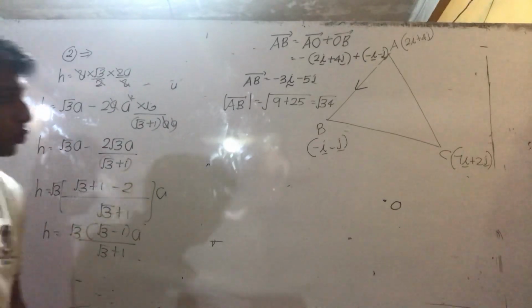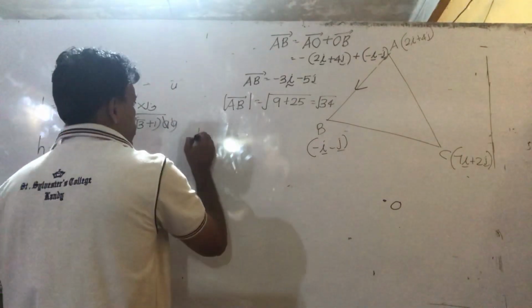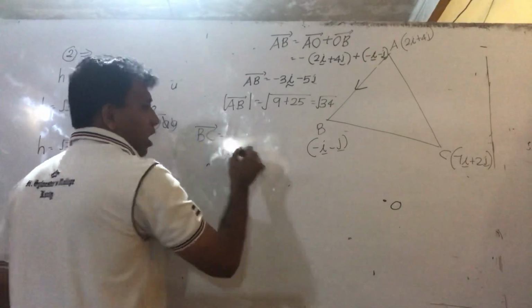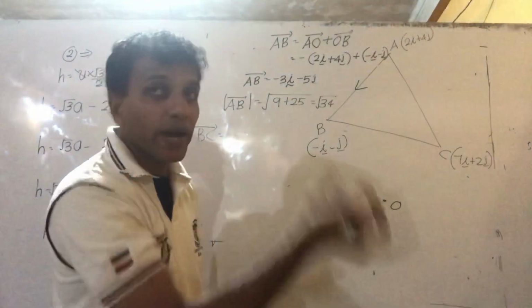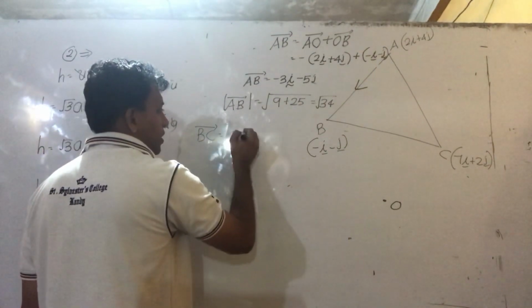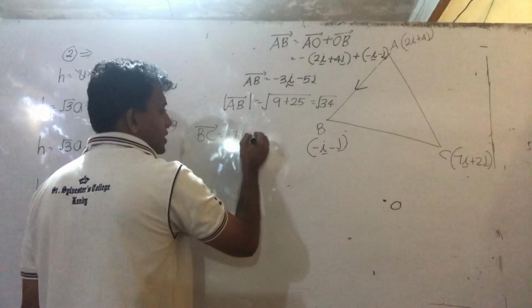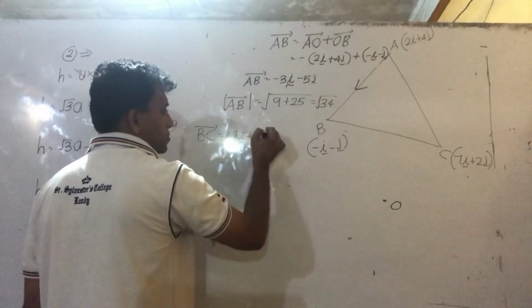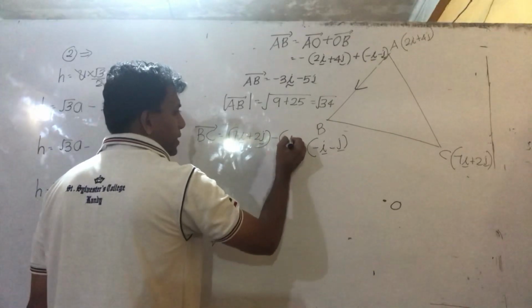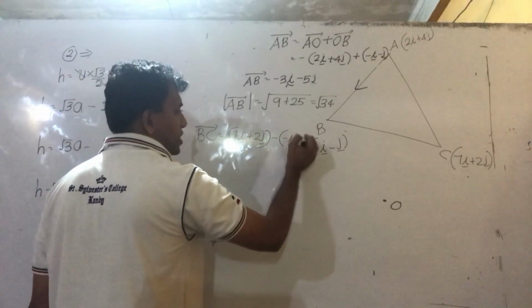Similarly you can find the magnitudes of the other vectors. What is BC? I won't show the same method once again, so I work straight through. BC is C minus B: 7i plus 2j minus i minus j.